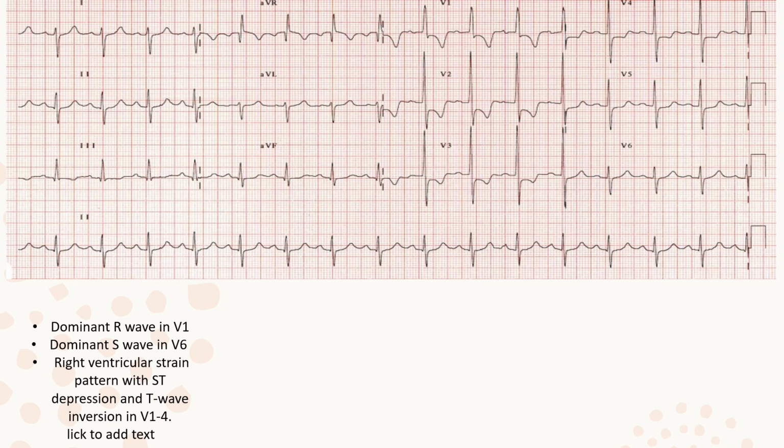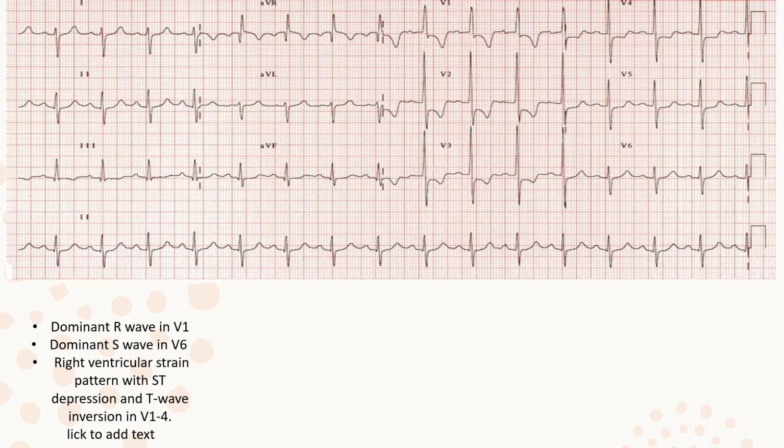The PR interval appears to be right at 0.20, so not a first degree, but just on the border of a first degree AV block. So it's sinus in the 90s.